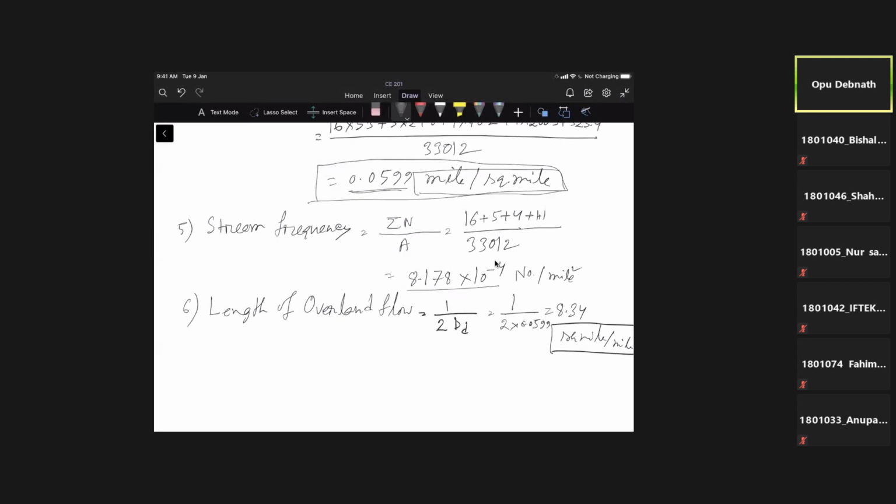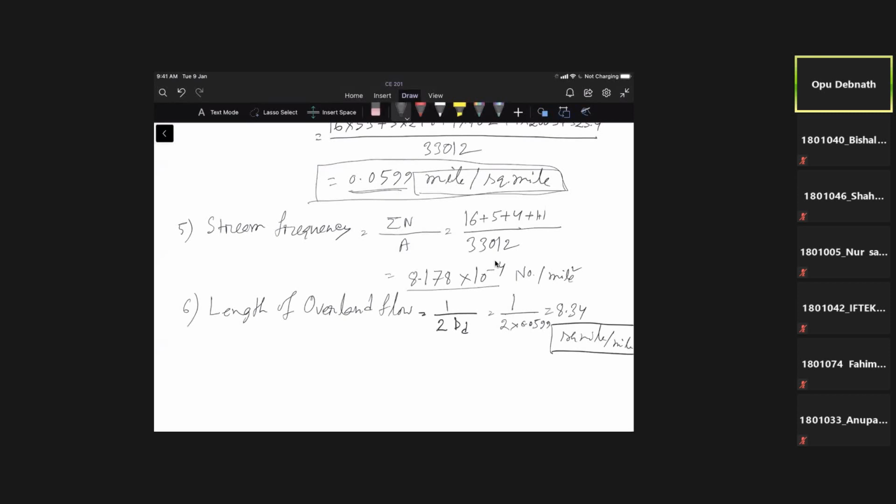So on average 8.34 square mile is covered by 1 mile of length. 1 mile of tributary length collects the overland flow of 8.34 square mile.